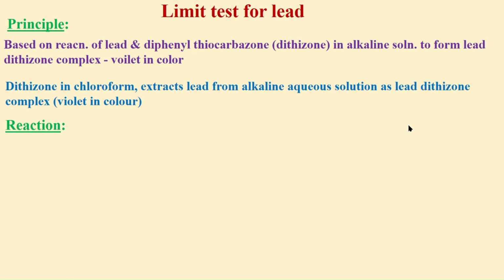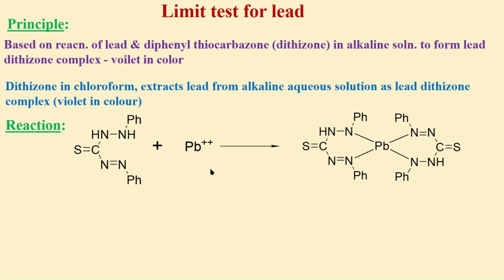Here the reaction is this: diphenylthiocarbazone is the reagent which you use. It reacts with the lead present in the given substance and forms the complex. This complex is the dithizone complex, or lead dithizone complex to be precise.